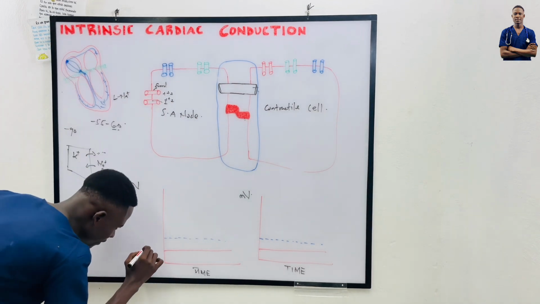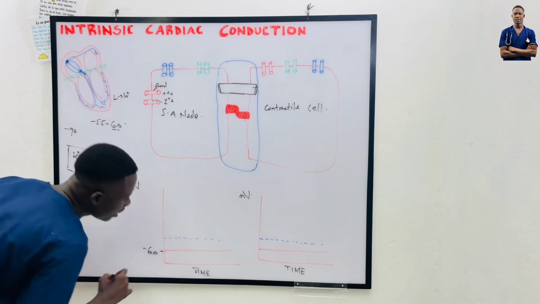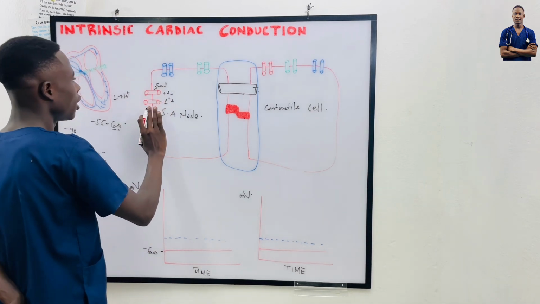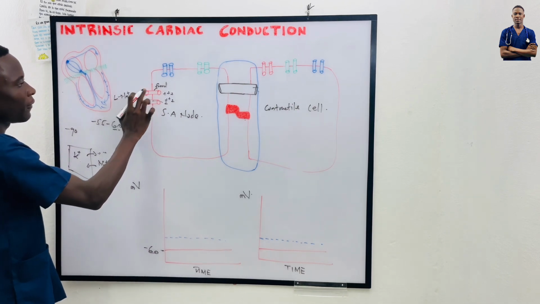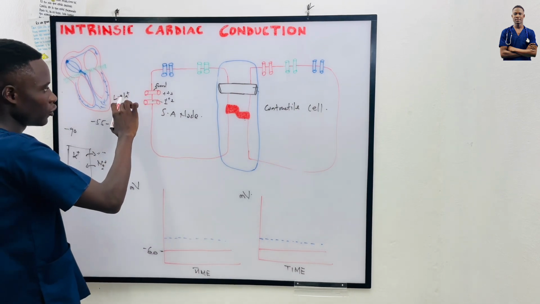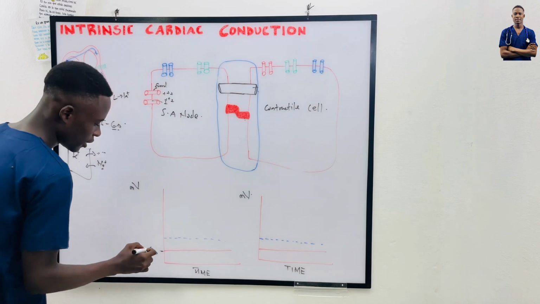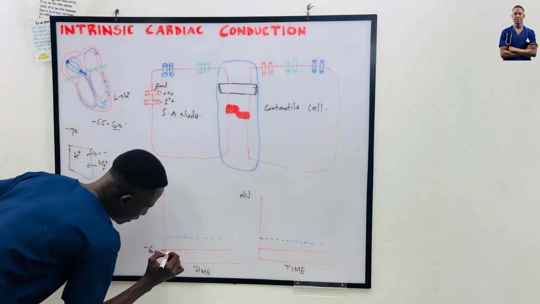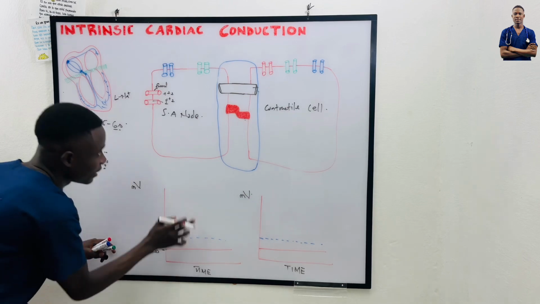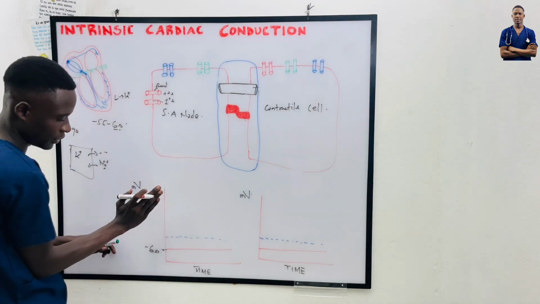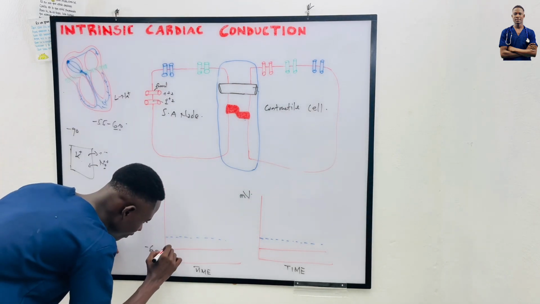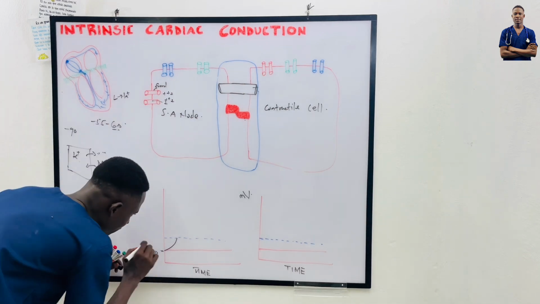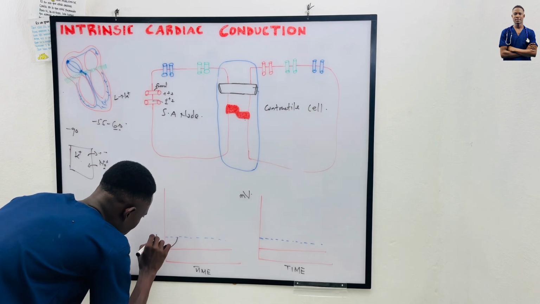So with negative 60 being our resting membrane potential, when there is an influx of sodium ions through this funny channel into the cell, it causes electropositivity of the cell. The cell becomes electropositive somewhat, thereby bringing it up to this point, which is negative 40.